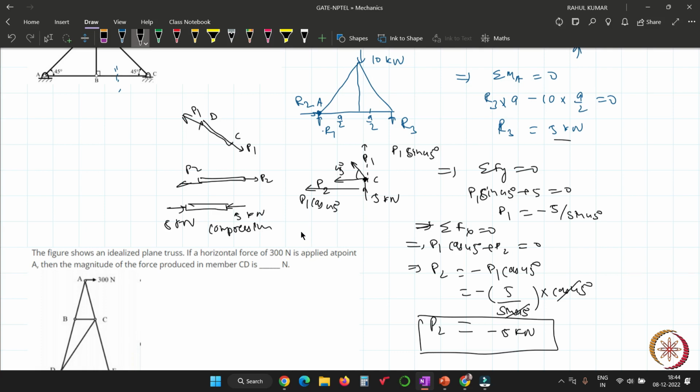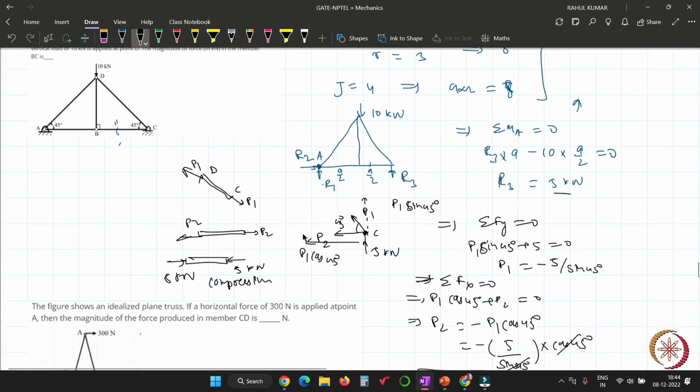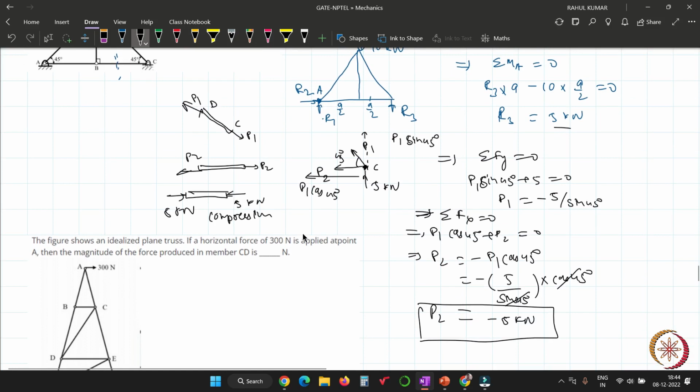Okay, is there any doubt? Tell me. Sir, P1 is minus sign, minus 5, no? P1, yeah, I made this mistake here. Okay, 5. So the earlier sense is correct. Sorry for the mistake. Anyhow, there is no meaning of sense here because it is asking about the magnitude.